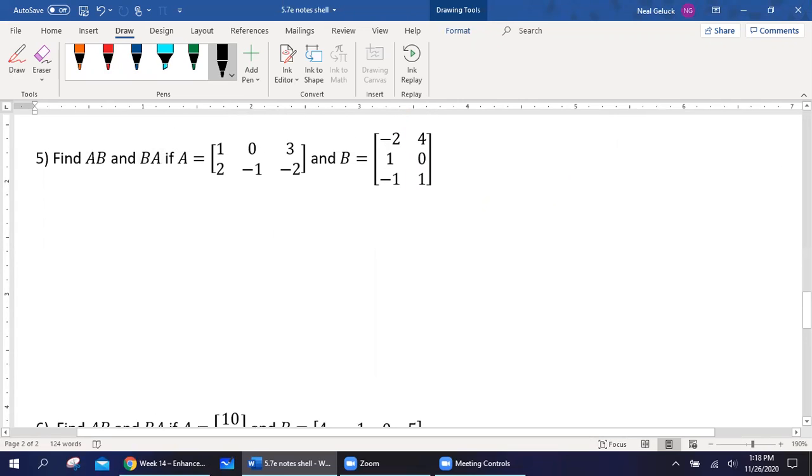For number 5, we want A times B and B times A. So again, I would suggest drawing them since they're not bumped against each other yet.